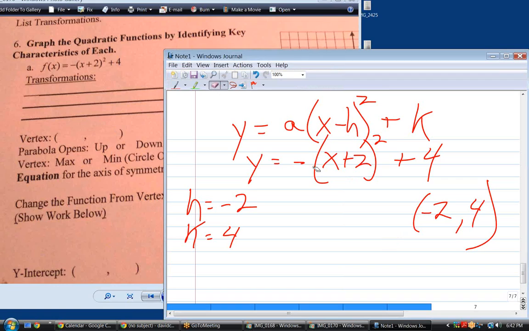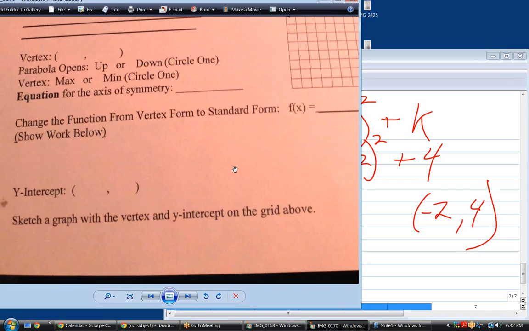Does it open down? Yes. Negative signs open down, positive signs open up. In this case, a is negative 1. Okay?